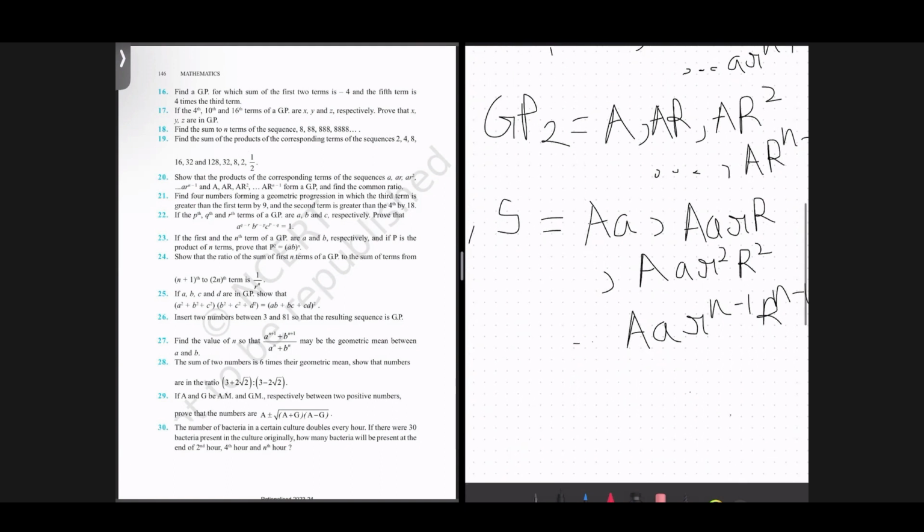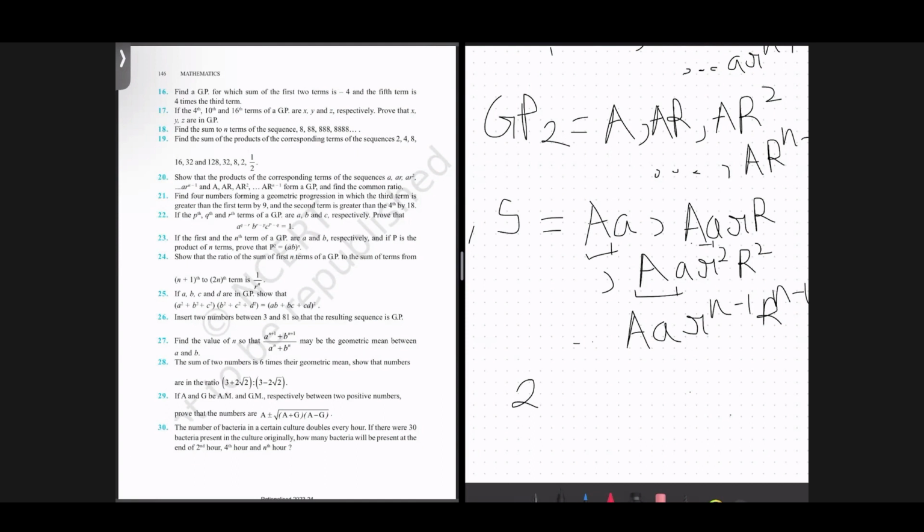So, to show that this particular sequence, that is the multiplication of the corresponding terms of these two GPs, is going to be a GP in itself, it will be sufficient to show that the ratio between the second term and the first term is equal to the ratio of the third term and the second term, right?